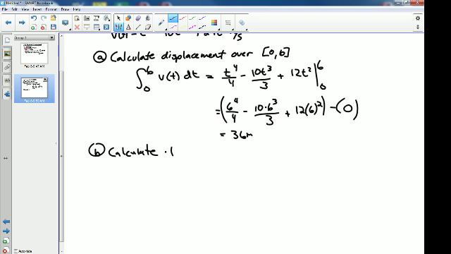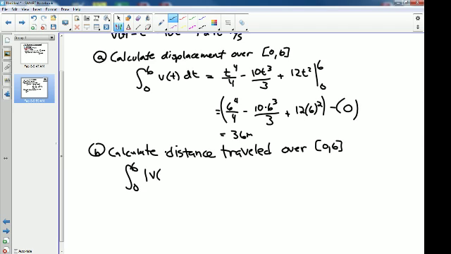Slow down. Distance traveled. Right? We have an absolute value.